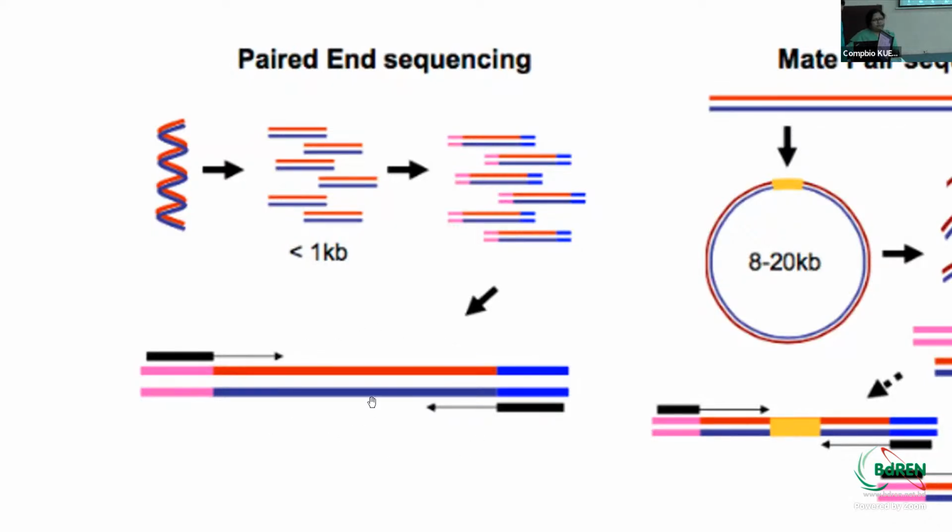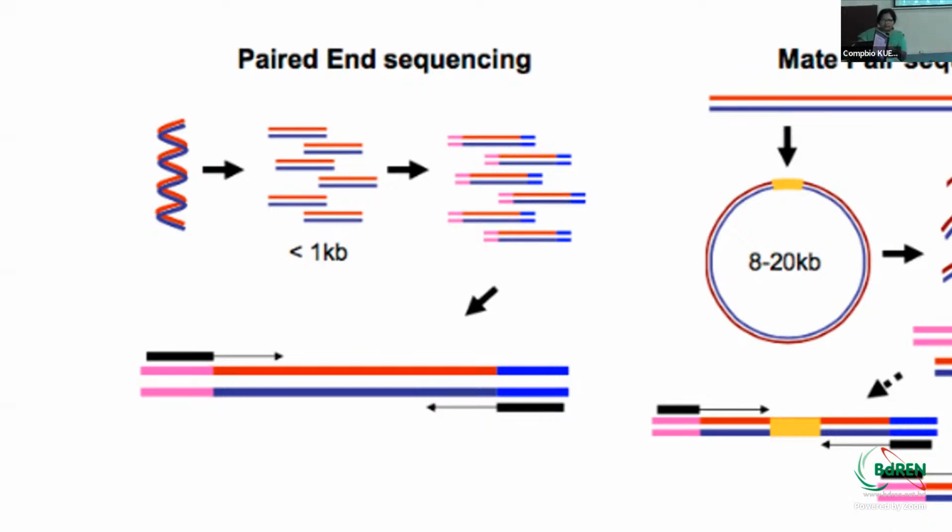And this is important because in earlier days, we needed to make a physical map by genetic mapping or by linkage mapping before doing the genome sequencing.